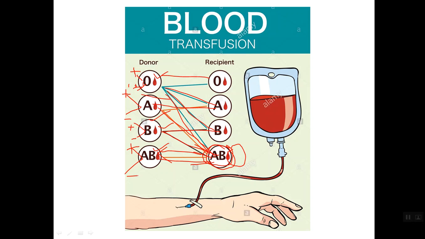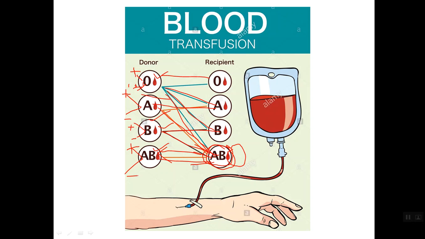The matching of the donor and recipient blood groups for ABH, that is A, B, O and AB blood group, and RH antigen is essential for the success of organ transplantation and also blood transfusion.